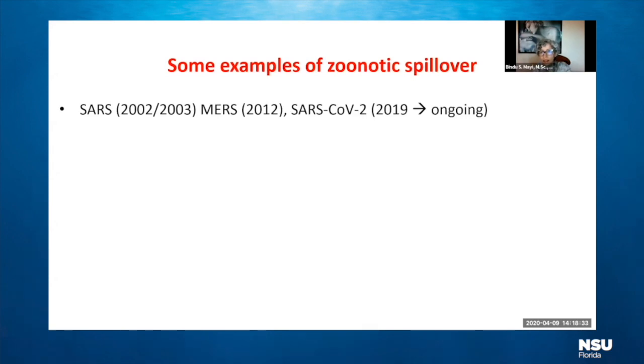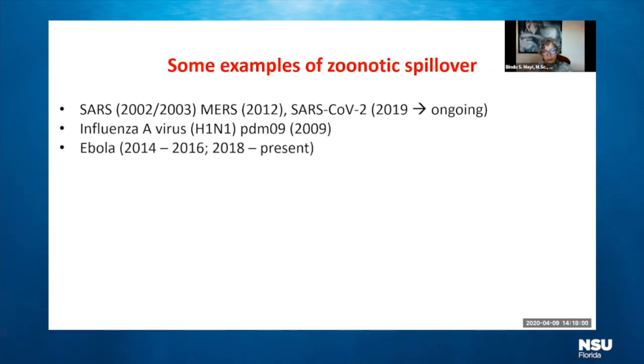This is not the first zoonotic pathogen that we've had. Other examples include the SARS coronavirus from 2002, 2003, MERS from 2012, this current one, of course, which is ongoing, the 2009 pandemic strain, which came to us as a reassortment, mixing and matching of viruses from swine, pigs, birds, and humans.